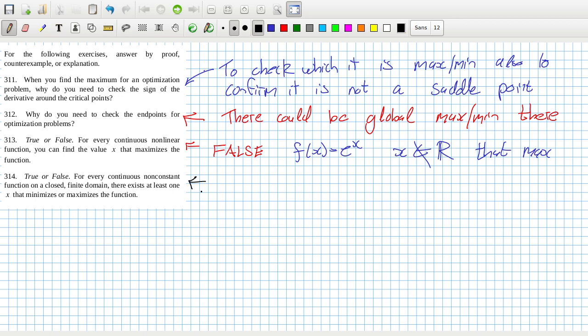True or false, for every continuous non-constant function on a closed finite domain, there exists at least one x that minimizes or maximizes it. That's true, but how can we prove it? For every continuous, non-constant function on a closed finite domain.